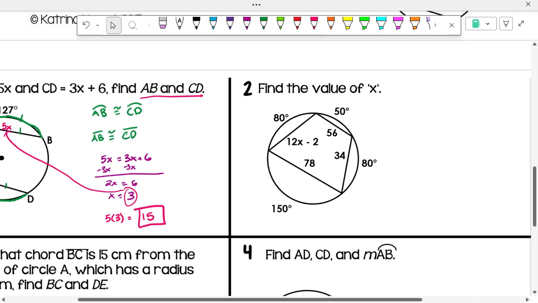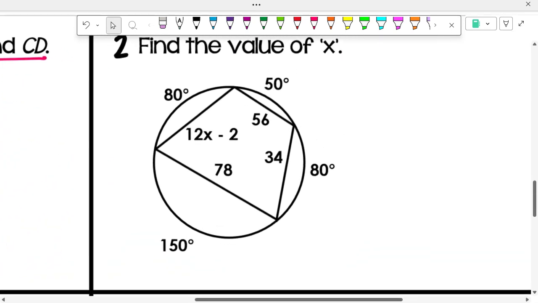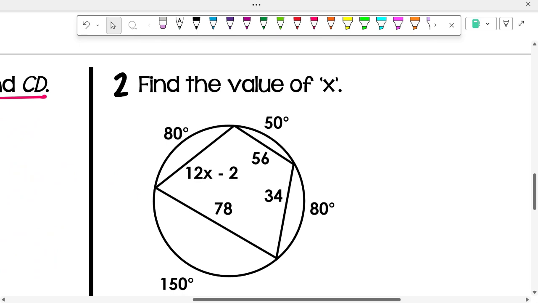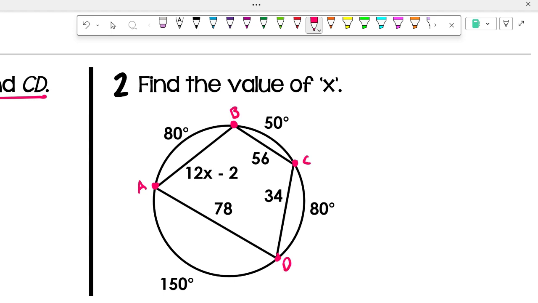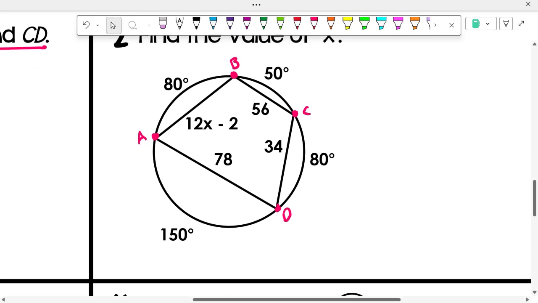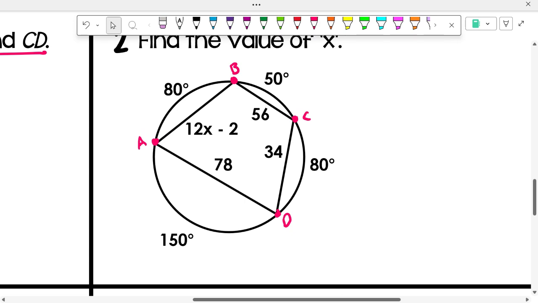All right, look at number 2. It says to find the value of x. Now, just for our own sanity, you can label any kind of shape within a circle, anything you want. So I'm going to label it ABCD. They gave us the arc measures of AB, BC, CD, and DA. Which two arcs are congruent?